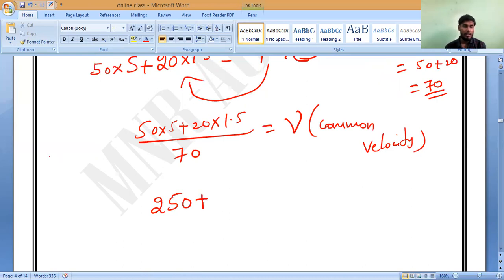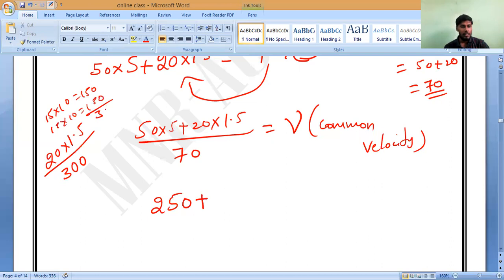Please calculate it: 20 into 1.5 is 30. So 250 plus 30, divided by 70, is equal to V.